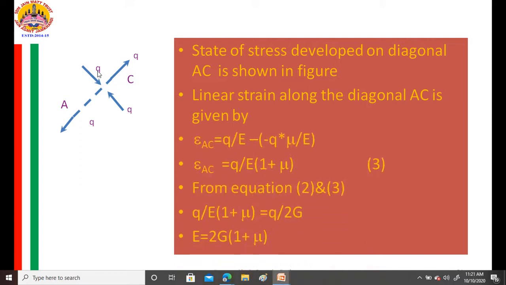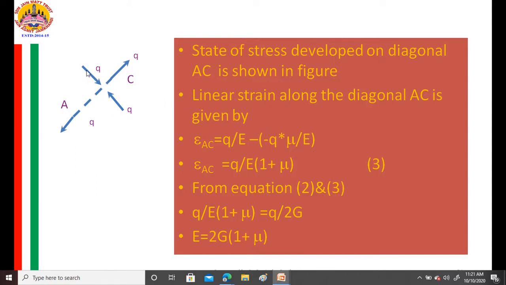Therefore, finally we are going to get epsilon AC is equal to Q by E, that is, this first term is because of the tensile stress and second term is because of the compressive stress.